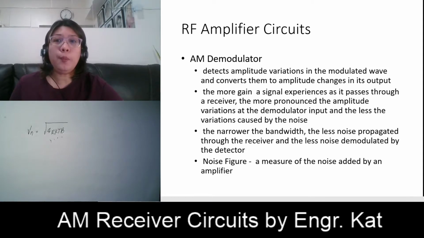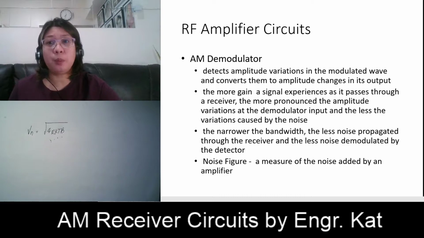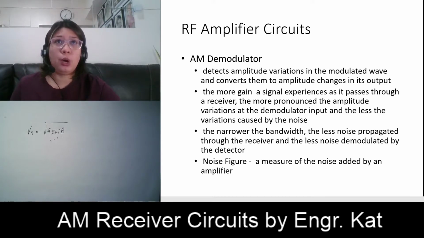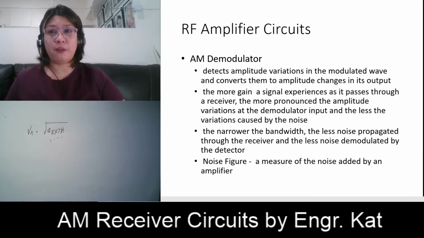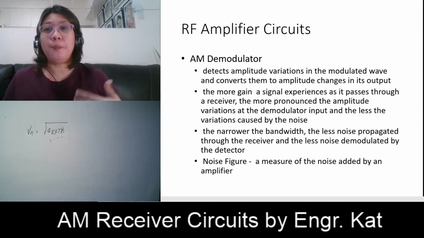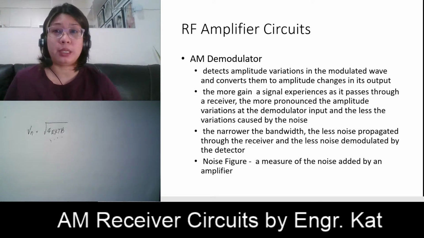One important aspect in the first stage of our amplifier or receiver circuit is the noise figure. This is a measure of the noise added by the amplifier, because even your amplifier is capable of introducing noise to our system.